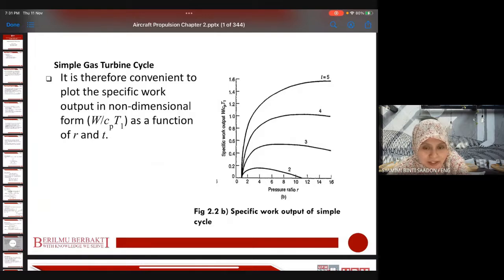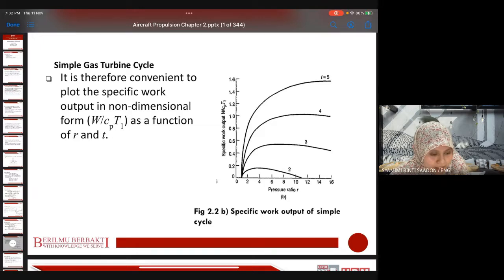So for a certain ratio of T3/T1, the maximum temperature to the ambient temperature at the inlet of the compressor, at a certain value of t, 3, 4 or 5, we have this relation in figure 2.2b between the pressure ratio and the specific work output.